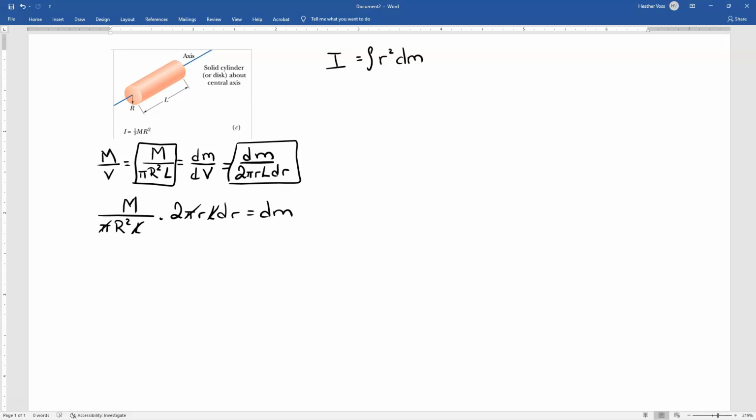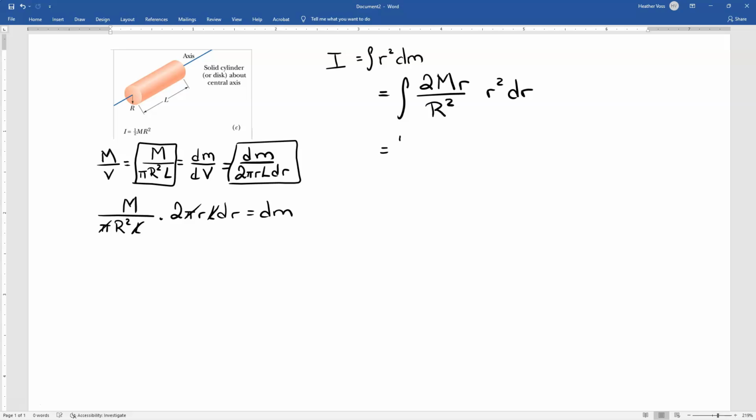So what I'm going to get is the integral of 2 big M r over big R squared, times little r squared dr. So everything that's a constant is going to come out front.